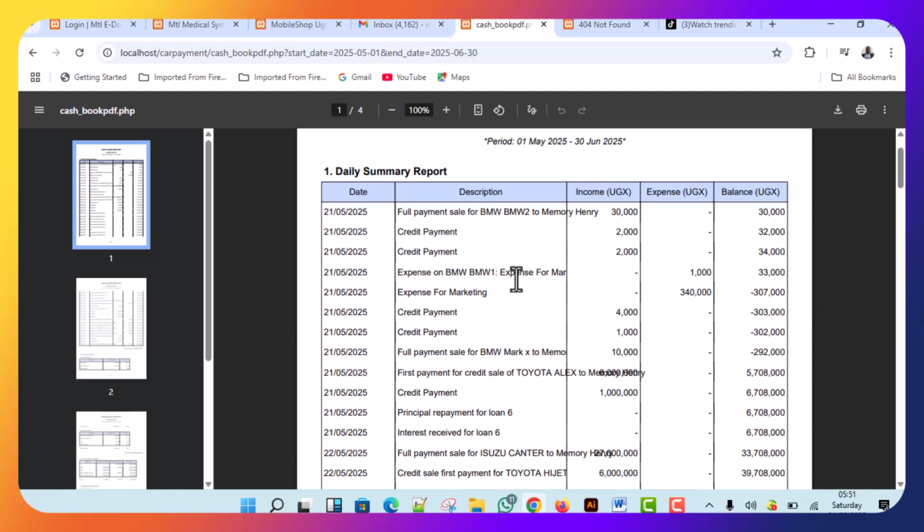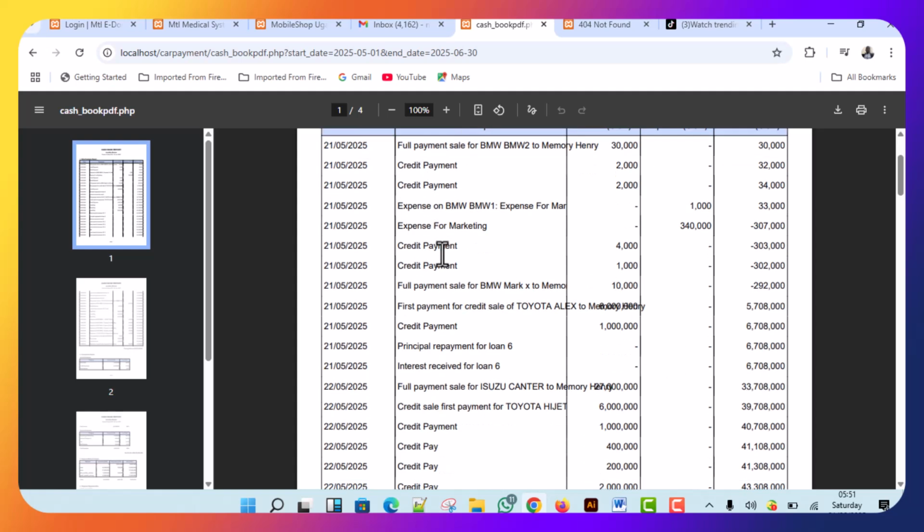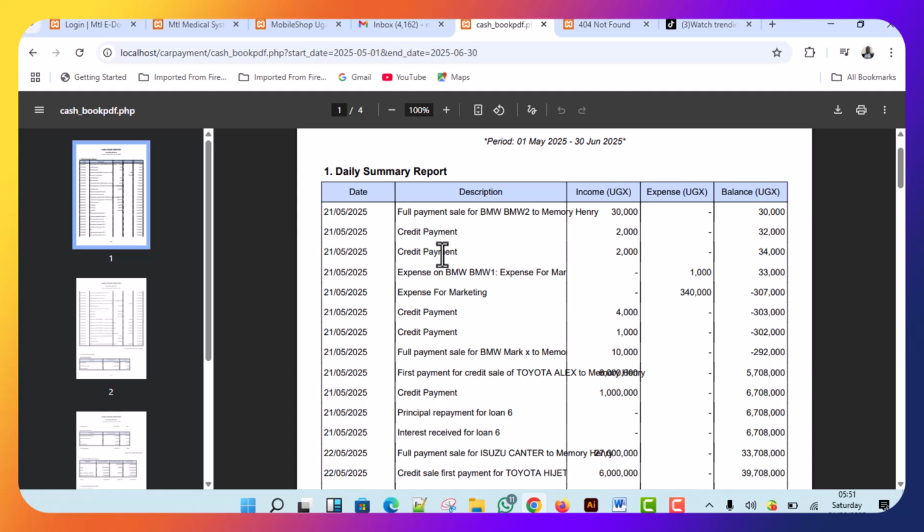So if someone asks you for the report or the cash book report, it will show all the transactions, how the business is moving. On 21st May, there was full payment for a BMW at this amount. That was a sale, which means it was income.